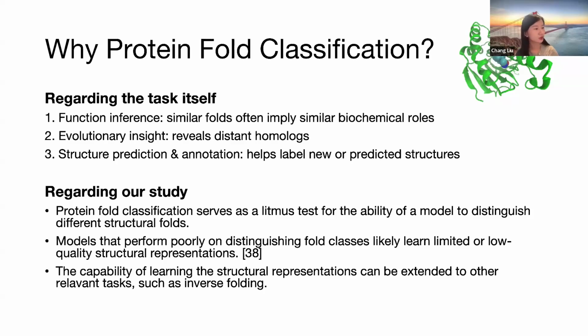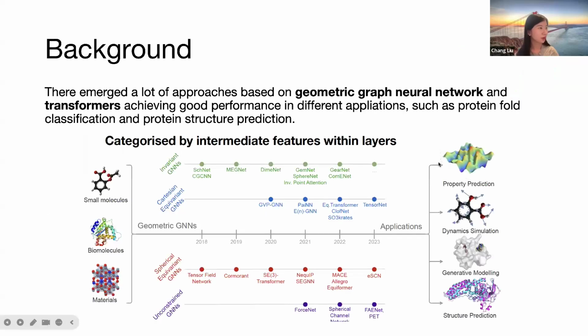This is quoted from one of the previous papers named Protein Workshop, also contributed by one of our supervisors, Chaitanya's work. So that's why we focus on protein fold classification in our study.